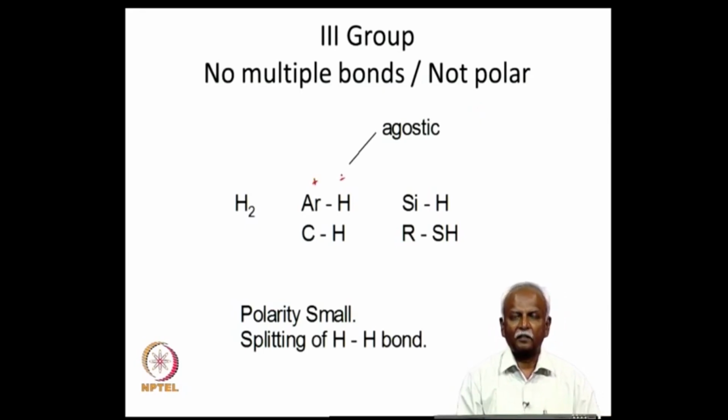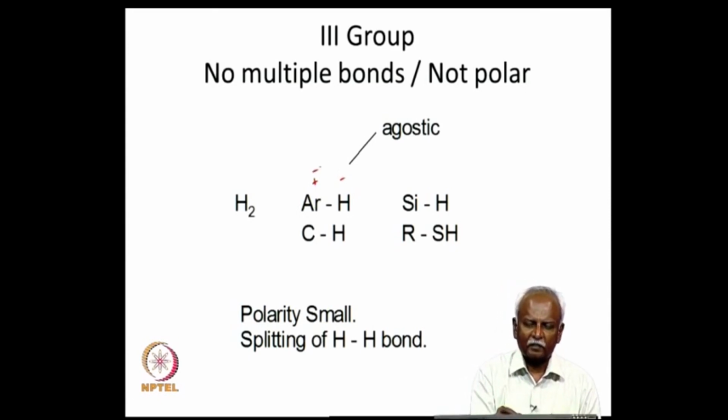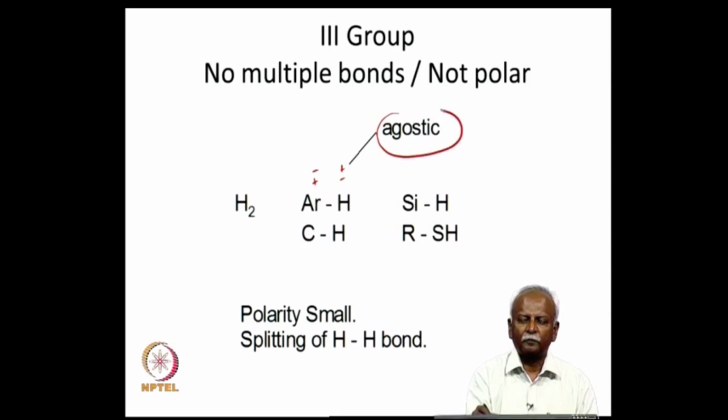They do not ionize like this, nor do they ionize as minus and plus, but still they are able to undergo weak interaction with the metal in what is called an agostic way. This agostic interaction is something which we will have to deal with a little later, but suffice it to say at this point that all these molecules are sometimes found to have weak interactions with the metal, and in spite of that weak interaction, they are able to break a very strong bond.